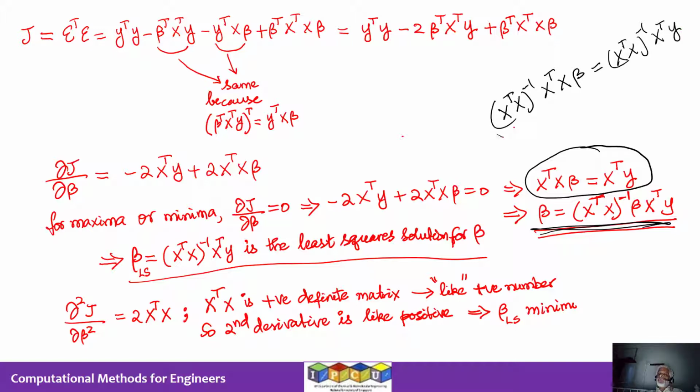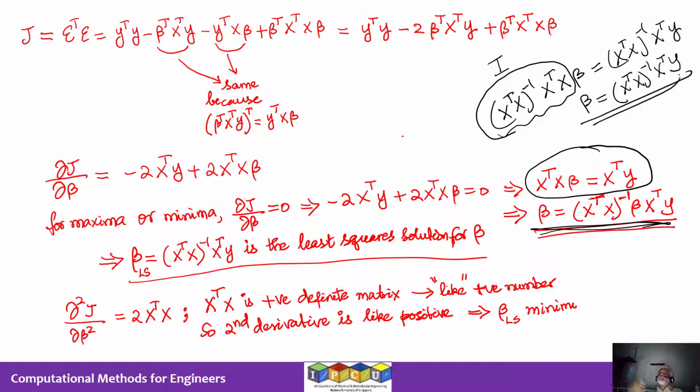So x transpose x inverse times x transpose x is like multiplying a matrix by its inverse. This is going to give you the identity matrix, which is like 1. So the left hand side will just be beta. The right hand side will be x transpose x inverse, x transpose y. So this is the solution for beta.